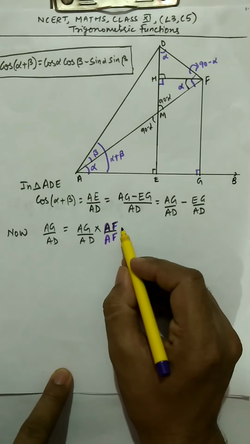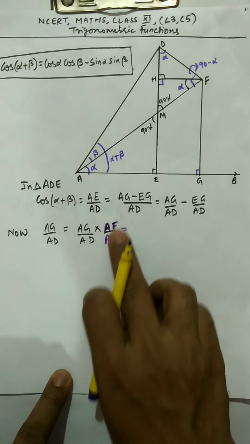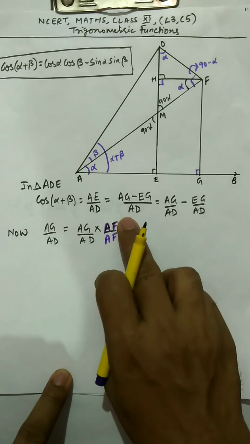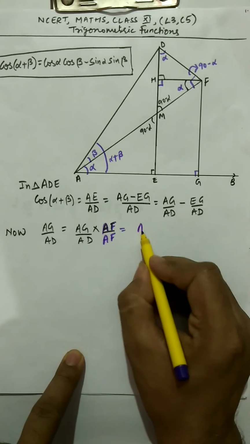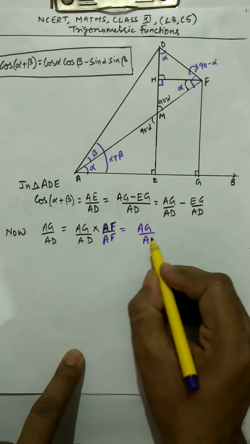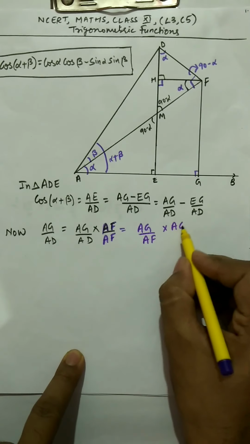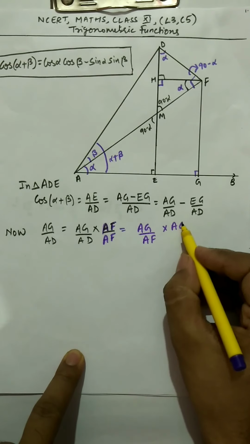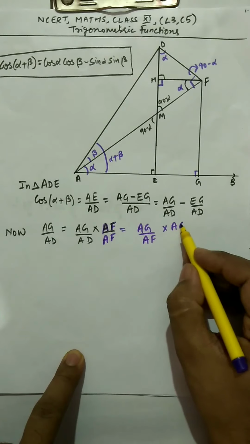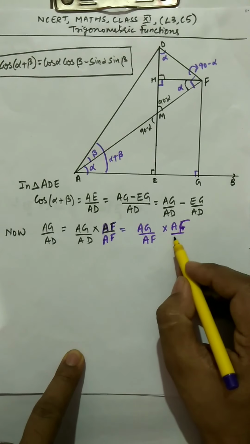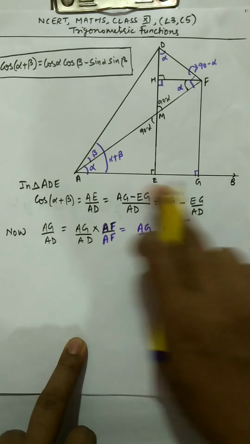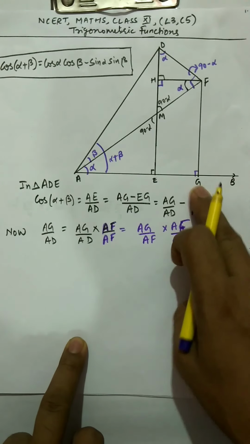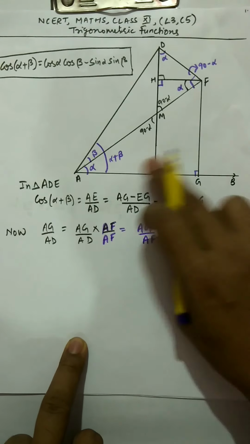So you see, AG upon AD, you multiply and divide by AF. Just reshuffle: you can write AG upon AF, and then AF upon AD. Now see, where is AG? This is your AG, and this is your AF. So now focus on this.